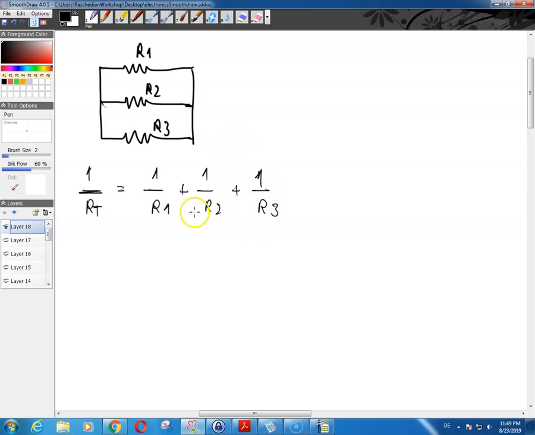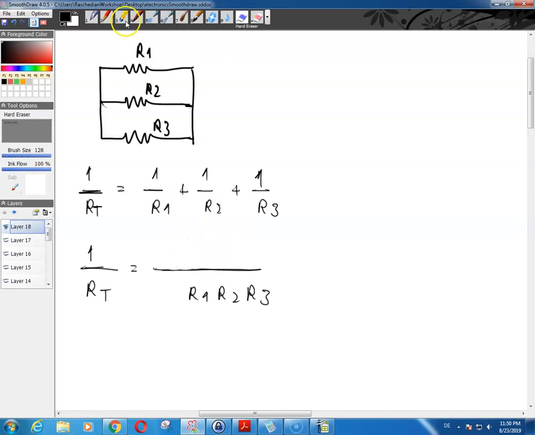Now again over here we can find the LCM, so 1 over R of t is equal to R1 R2 R3 in the denominator, and then in the numerator you get R2 times R3 plus R1 times R3 plus R1 times R2.